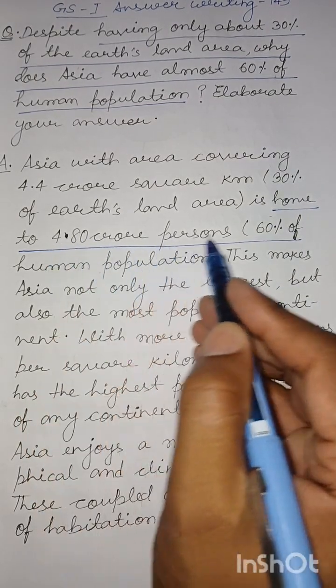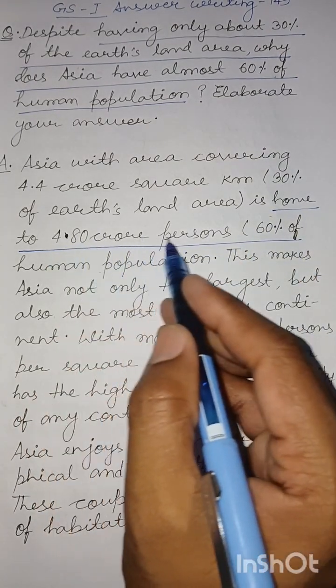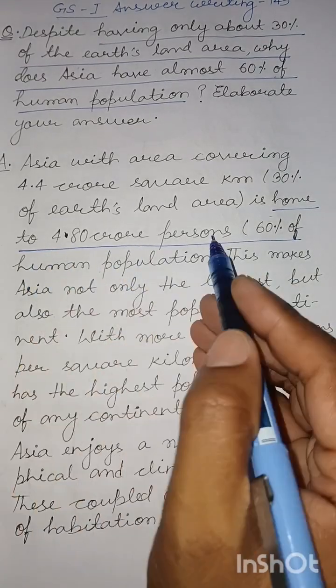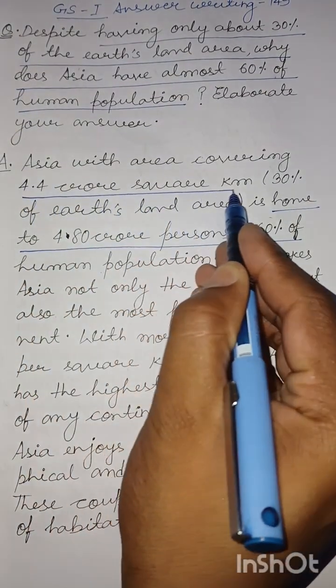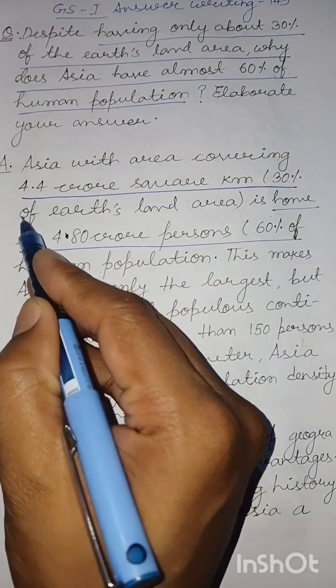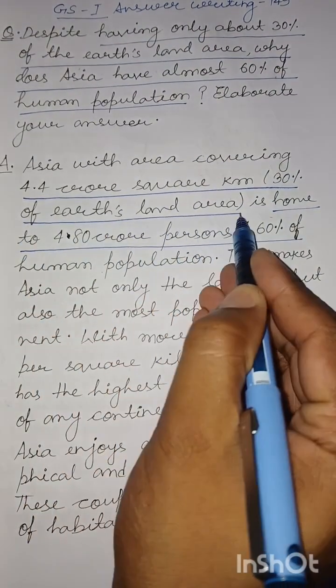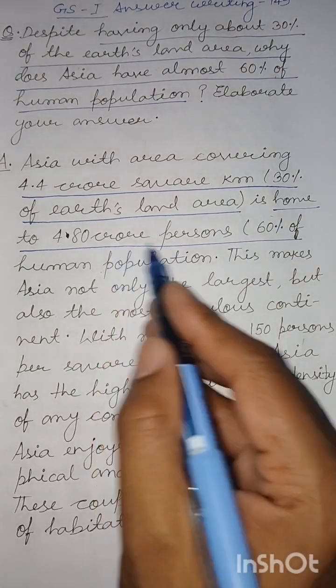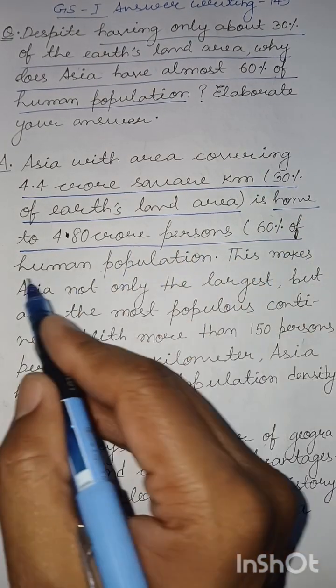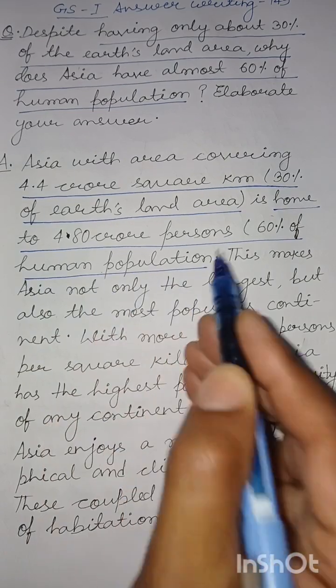It's 480 crore persons, or 4.8 billion persons. That is 60% of human population. So Asia has 4.4 crore square kilometer of land area, just about 30% of Earth's land area, and it is home to 480 crore persons, which is 60% of human population.